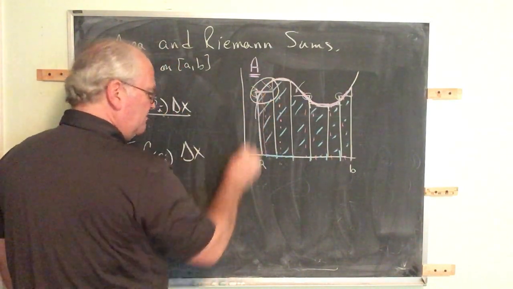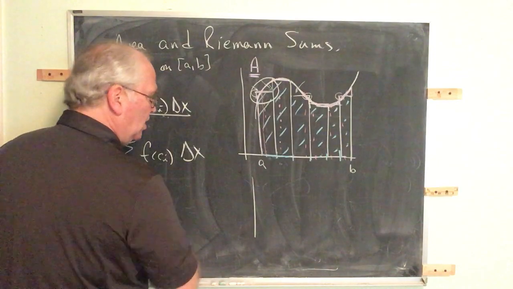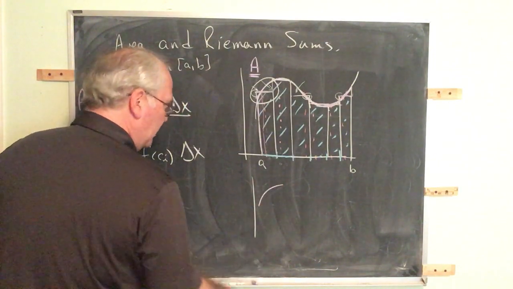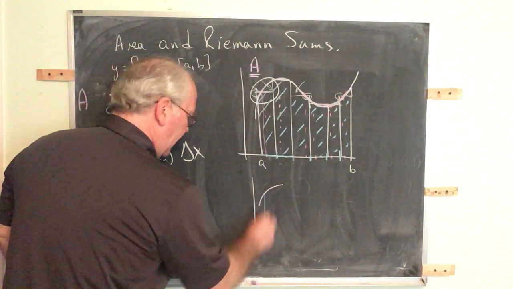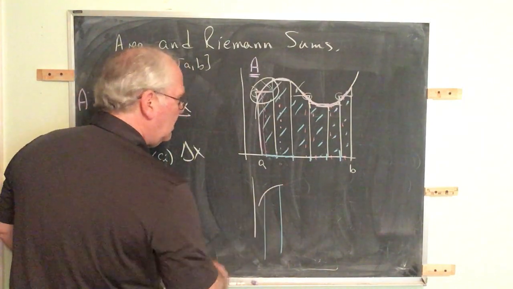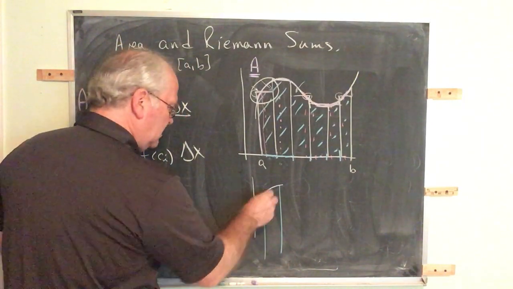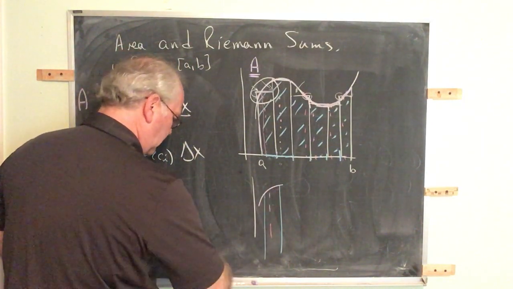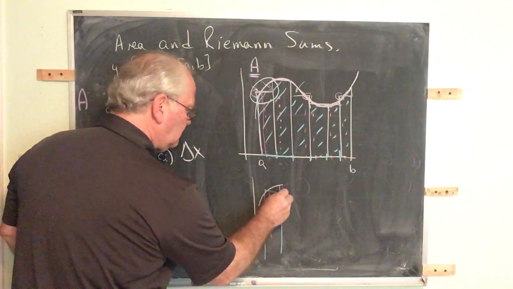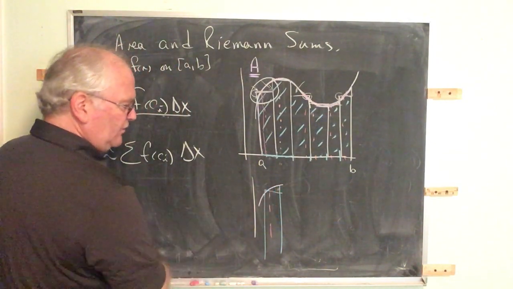We have this purple curve coming down, and we have this blue rectangle and this red height that we were using. And so we have this little leftover piece.